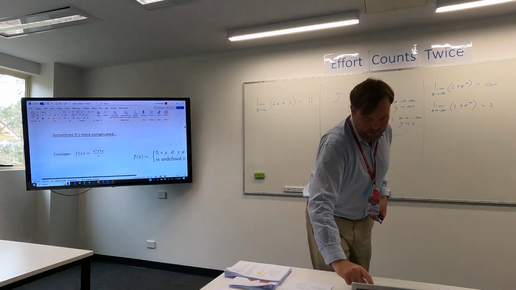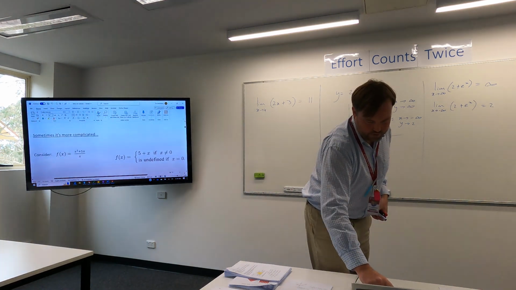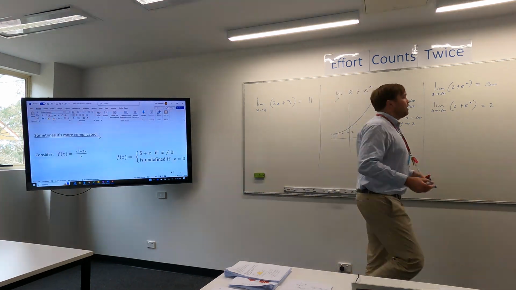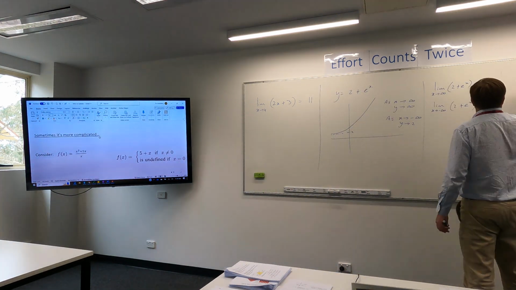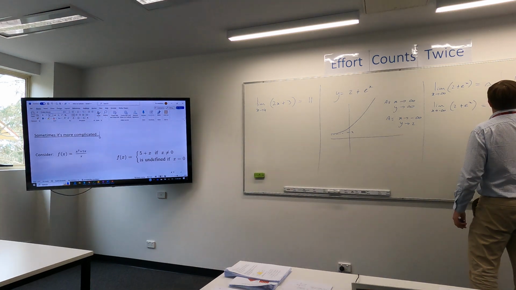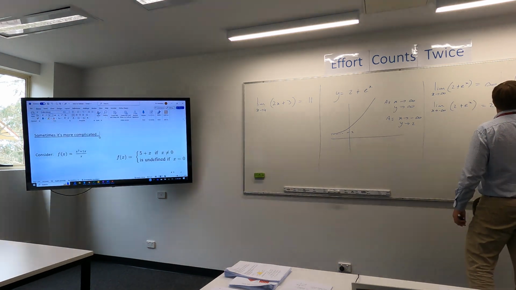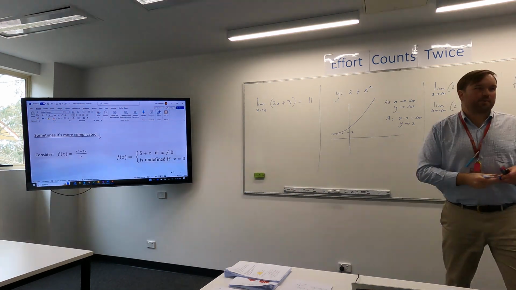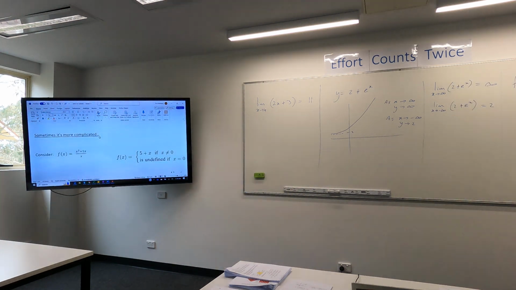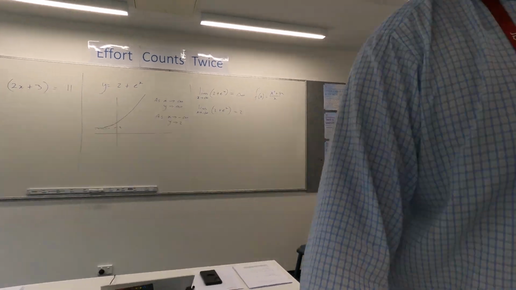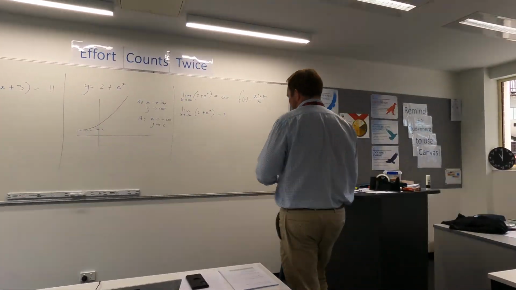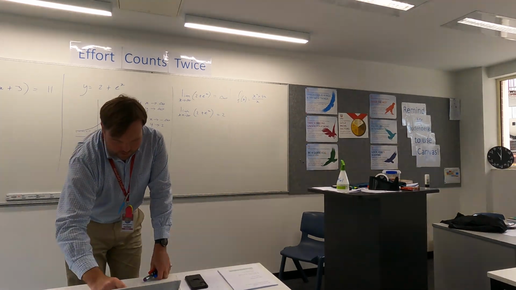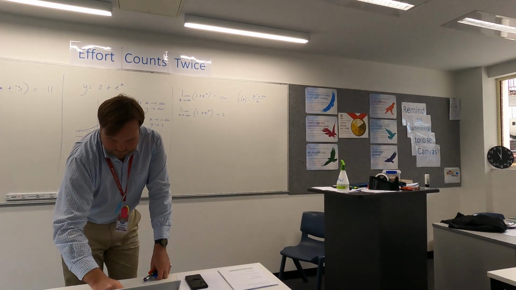This does help us in some funny contexts. So take this one here. The function f of x equals x squared plus 5x on x. Now, we're resisting the urge to cancel the x out, even though I know we could. But we're looking at what happens to this function.